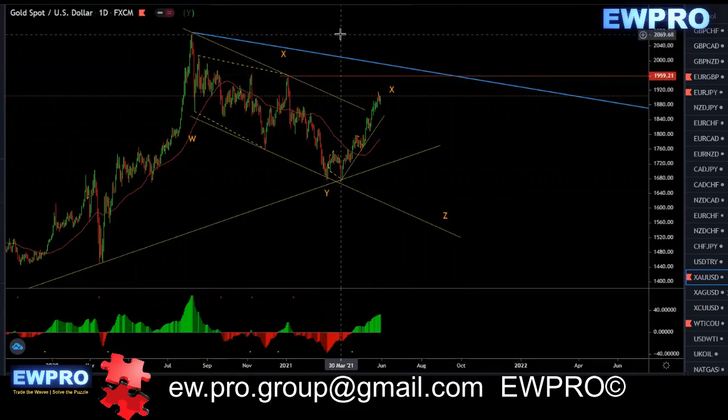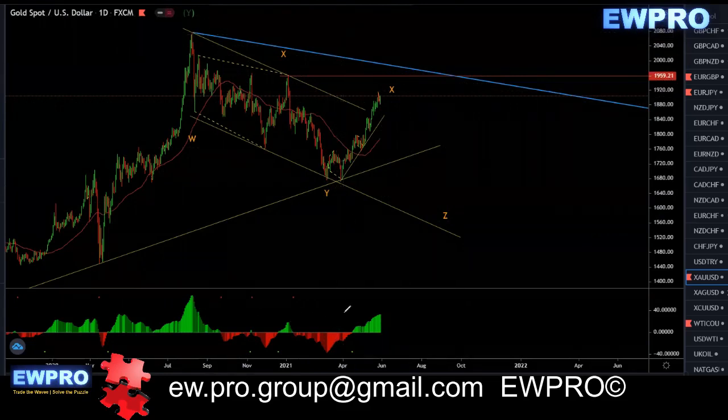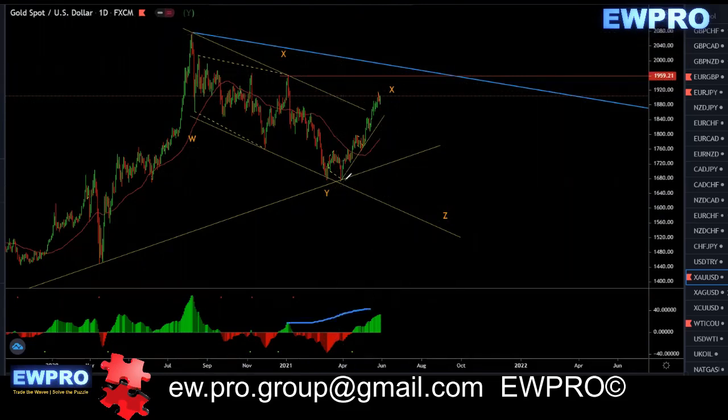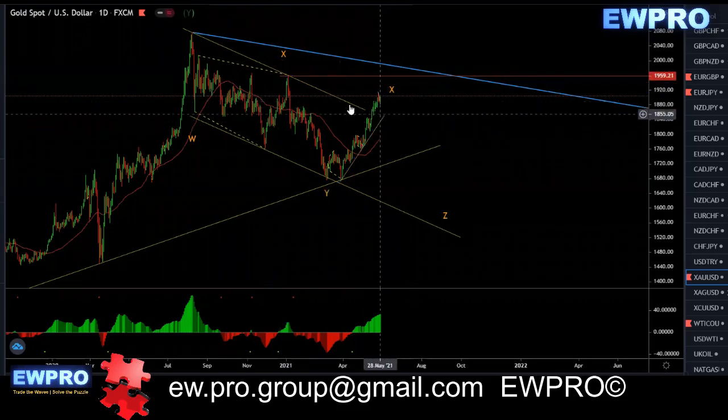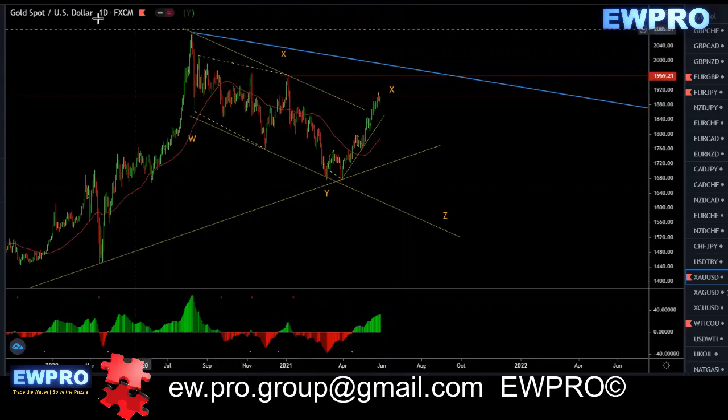You still do have that possible bear hidden, but it's going to be a larger correction. We can't call it a Z down now. It'll be a larger correction. But while this top here holds, we still may get a lower low with that bear hidden, but you can't trade it as that yet.